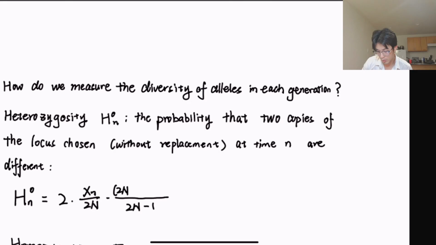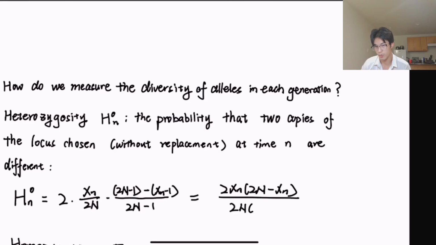It is 2n minus xn over 2n minus 1, where 2n minus 1 is the total number of the population right now after we pull the big A out, and we have xn minus 1 copies of big A. And if we simplify it, it actually equals 2xn times 2n minus xn over 2n times 2n minus 1.